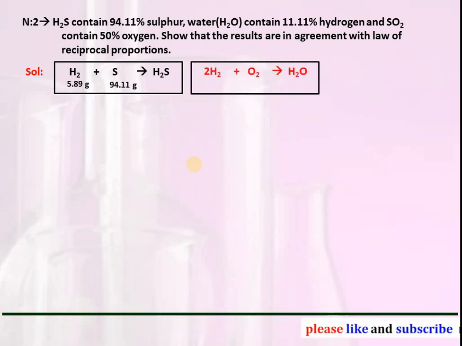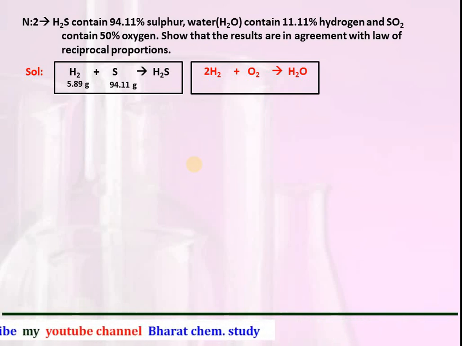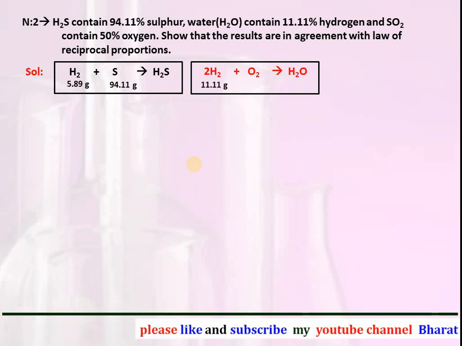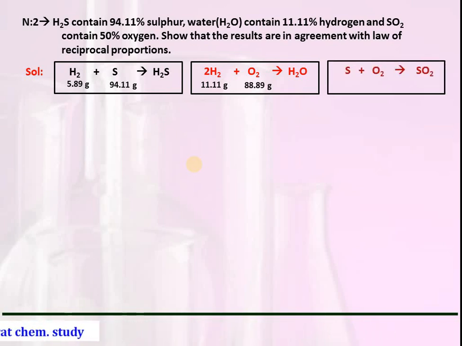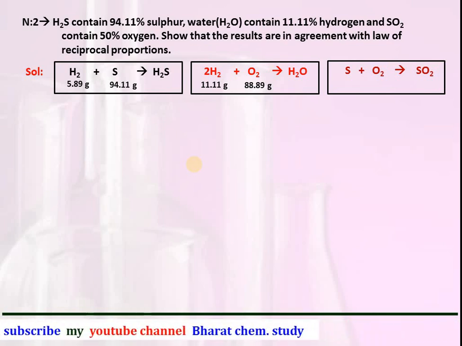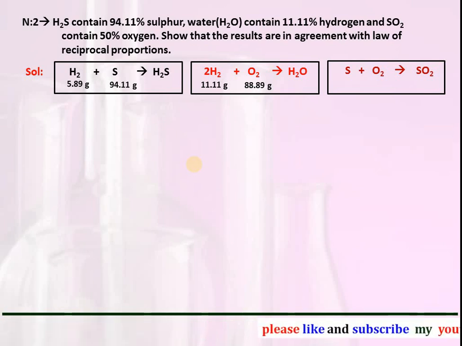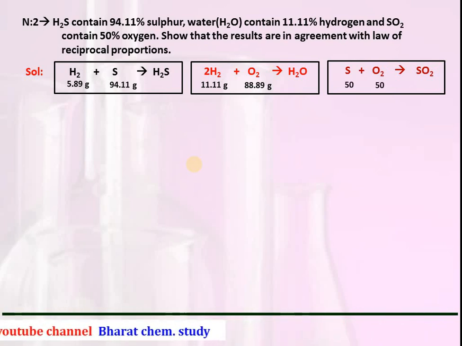In water, the weight of hydrogen is given as 11.11%, so the weight of oxygen can be calculated by subtracting the weight of hydrogen from 100, and the weight of oxygen comes to be 88.89. In the third equation, sulfur plus oxygen giving sulfur dioxide, the weight of sulfur can be calculated by subtracting the weight of oxygen, which is 50, from 100, and it comes to be 50 and 50 grams.